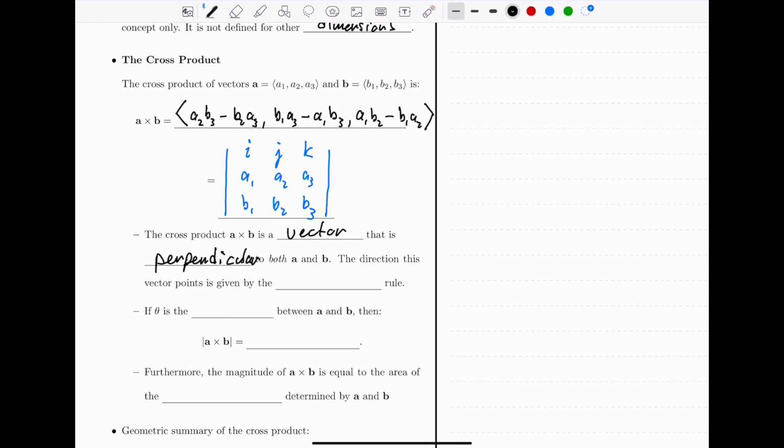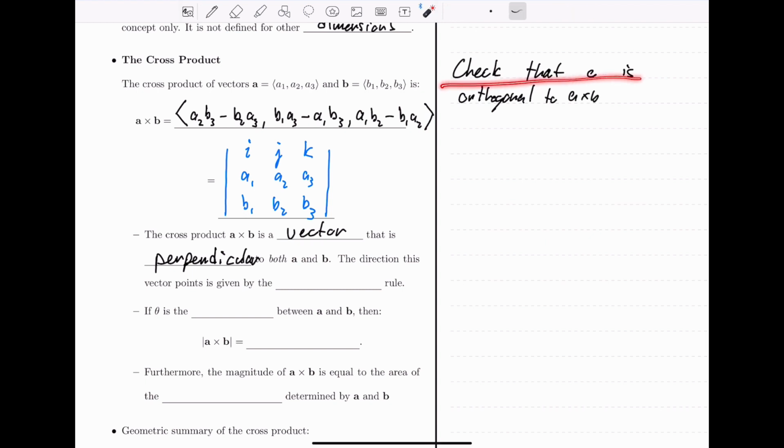Let's quickly do that. We want to check that the vector A is perpendicular or orthogonal to the vector A cross B. How do we determine if two vectors are orthogonal? We take the dot product. I want to compute A dot A cross B. I'll go ahead and write these out in general.